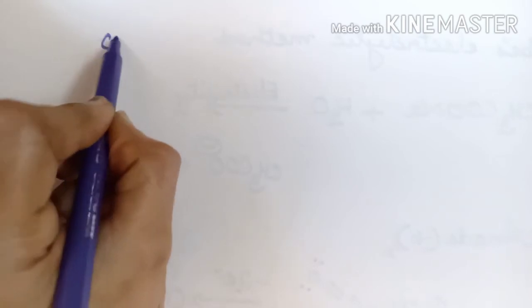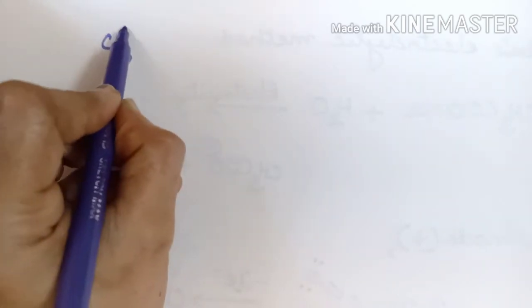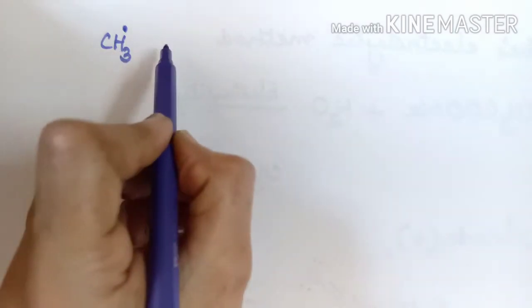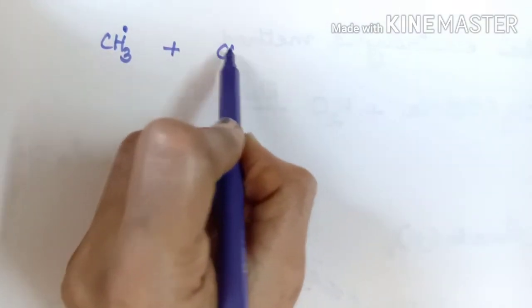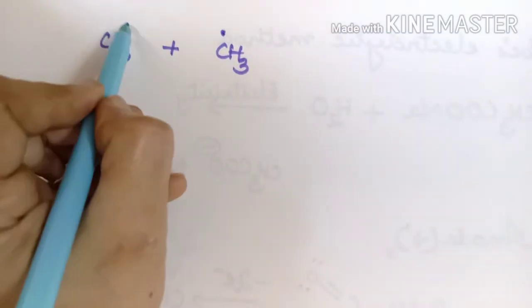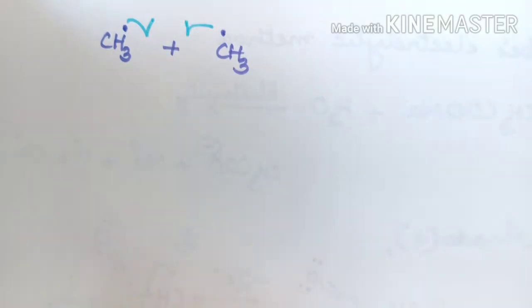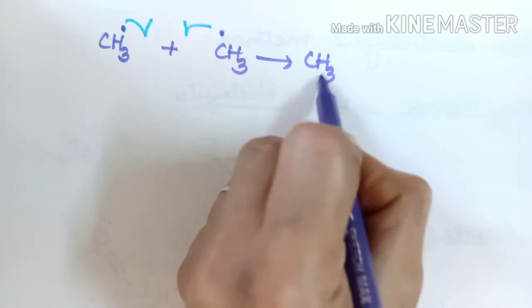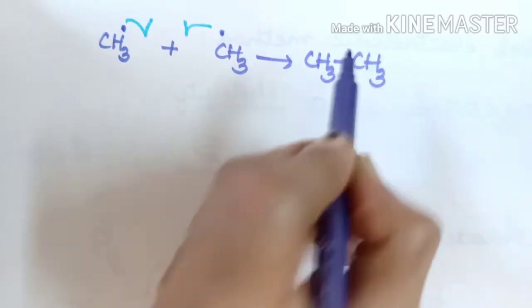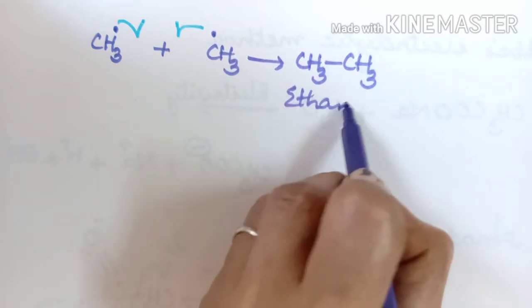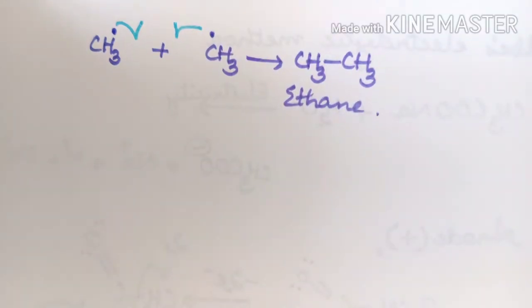Now in the system we have two methyl free radicals. Free radicals are highly unstable, so the two methyl free radicals will come close by and join together to form an ethane molecule. So at the anode we get ethane and two molecules of carbon dioxide.